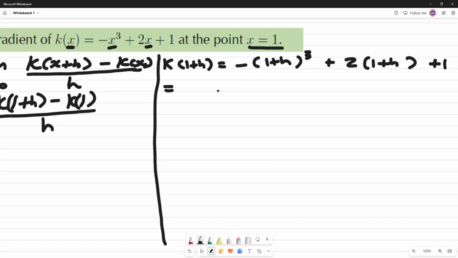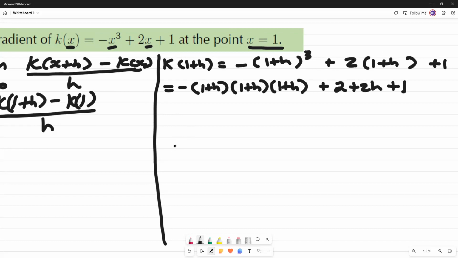Okay, sharp. So we need to expand this. So it's 1 plus h, 1 plus h, 1 plus h, because it's 3 of them, right? Plus, here I can see I FOIL, I'm going to get 2 plus 2h plus 1. And then I can leave this bracket and deal with the last two first. So I can see it's going to be 1 plus 2h plus h squared.